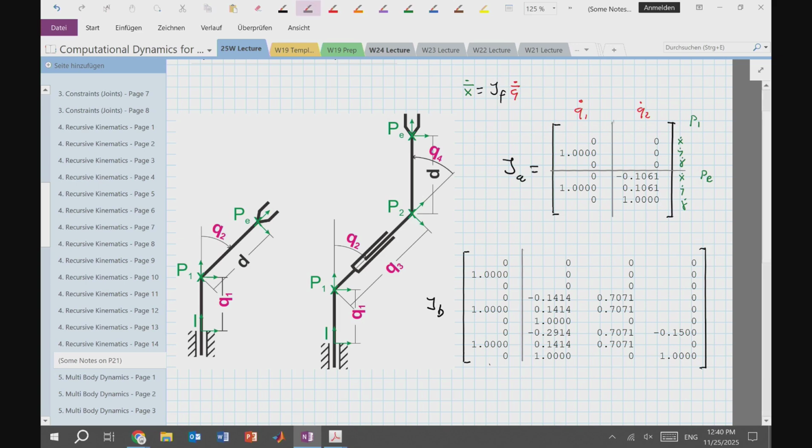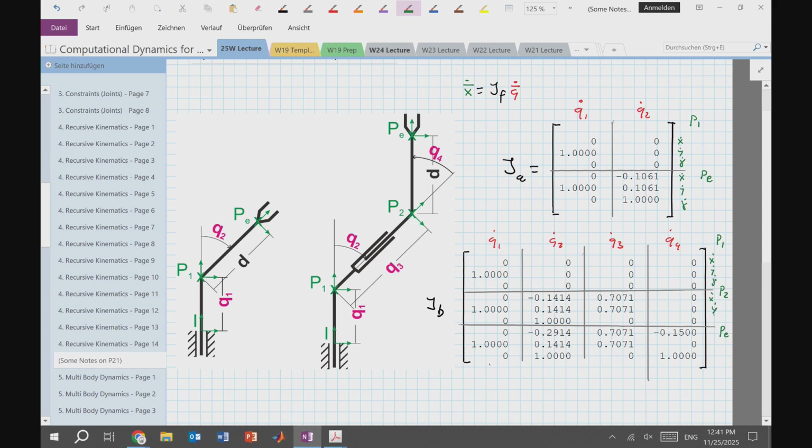Same down here. Each column of the Jacobian corresponds to a q. Here I have Q1, Q2, Q3, Q4, so four of them. Each row corresponds to some degree of freedom in x, and here we have three bodies, so again I can do this as blocks: the first one would be body 1, body 2, and the end effector.